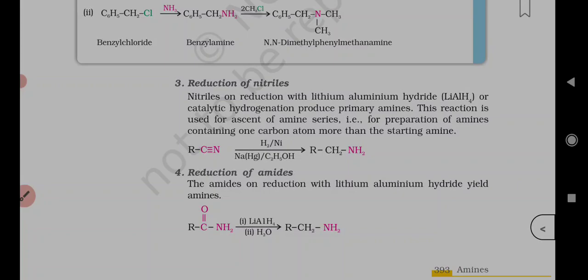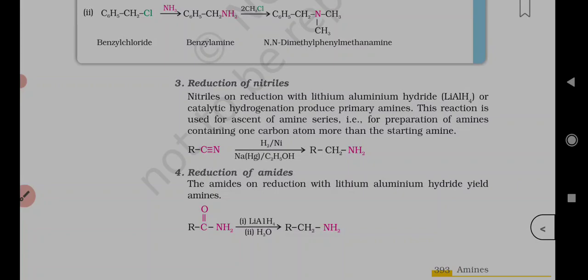So if you want one more carbon, then you have to take nitrile. Like here I wanted to prepare propan-1-amine from ethyl chloride. So I treated ethyl chloride with ethanolic NaCN and I got propane nitrile, CH3CH2C≡N.